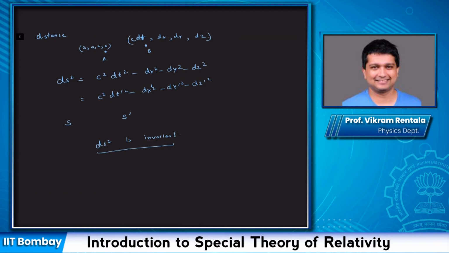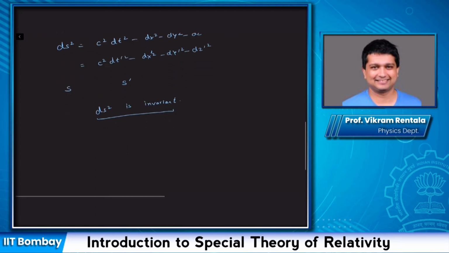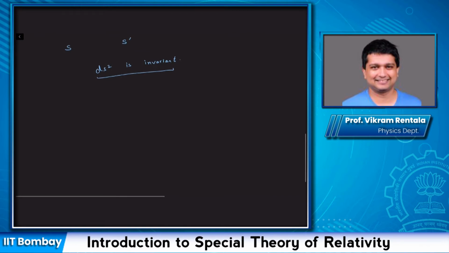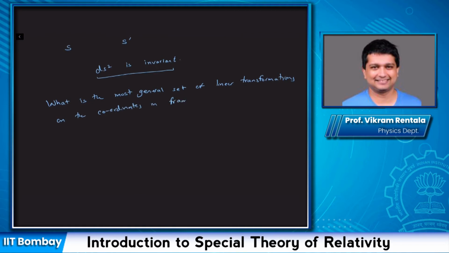But now we can turn this question around and ask a new question, which is: what is the most general set of linear transformations on the coordinates in frame S, where S is some particular frame?